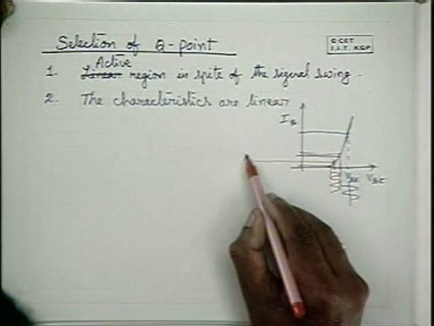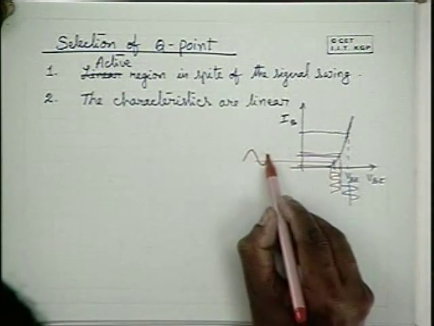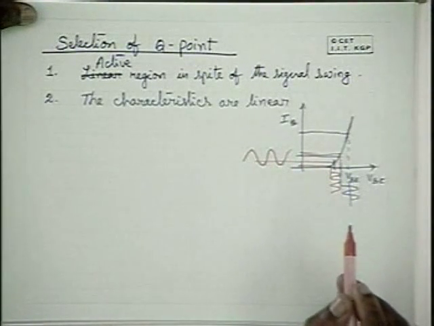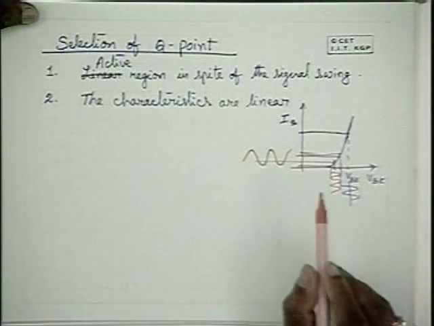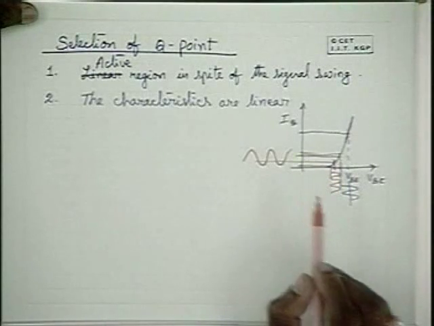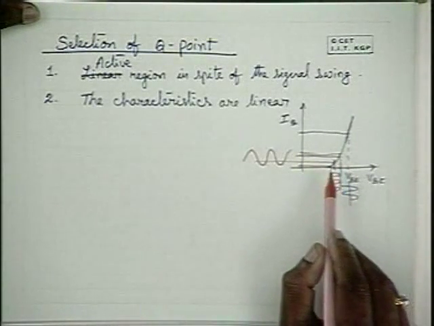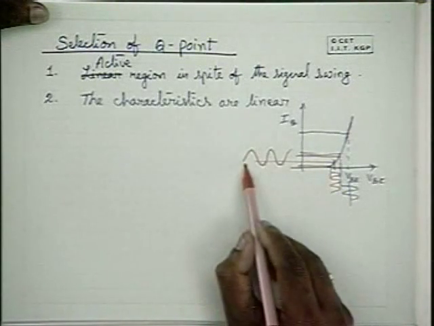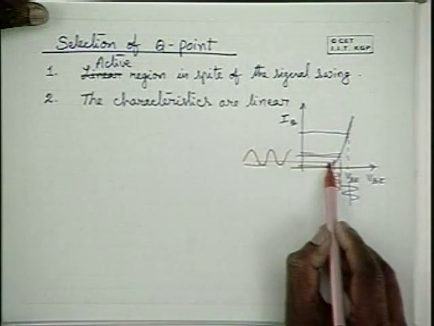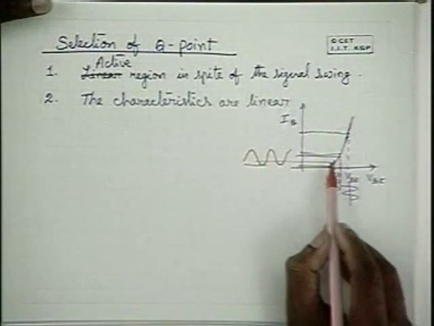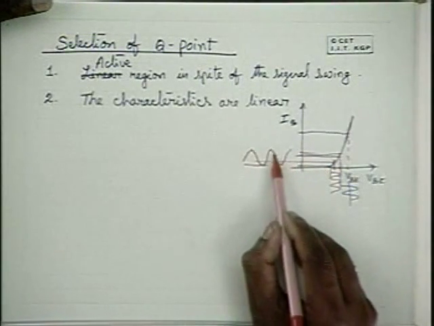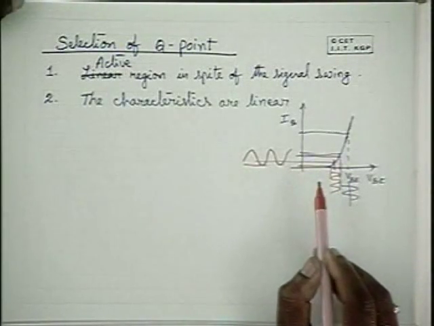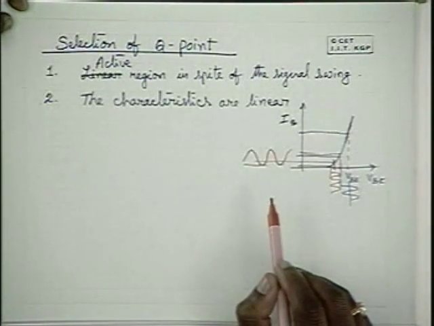You will find that for a sinusoidal base to emitter potential, the resulting base current is not sinusoidal. There is some distortion already. The negative swing in the base current would be smaller than the positive swing. Only when it is equal and sinusoidal do you say that it is distortion free.